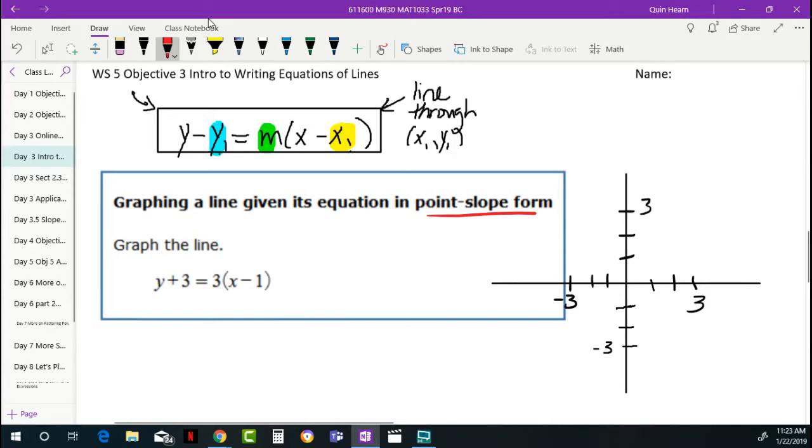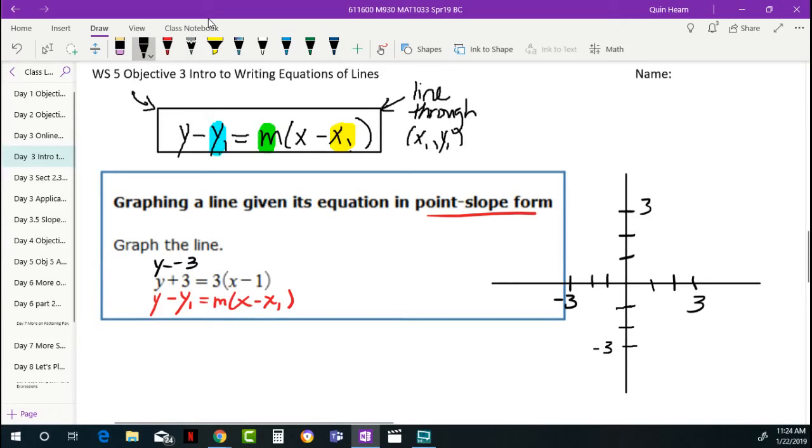This actually fits the pattern where this would be your y minus y1 equals m times x minus x1. It's a little bit awkward to see what the value of y1 is because it's written as y plus 3 instead of y minus, but y minus negative 3 is the same as y plus 3.